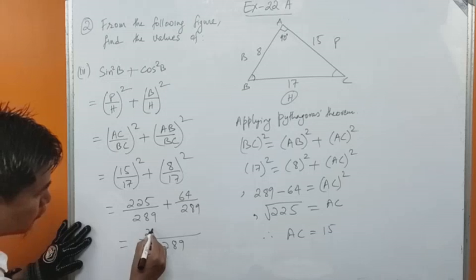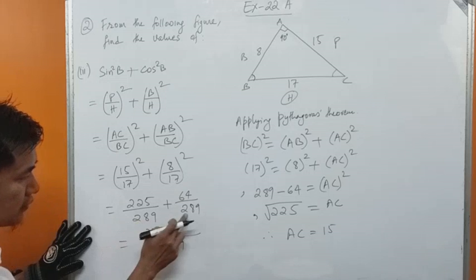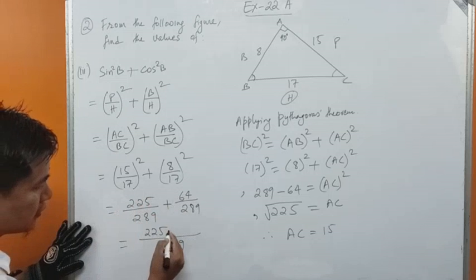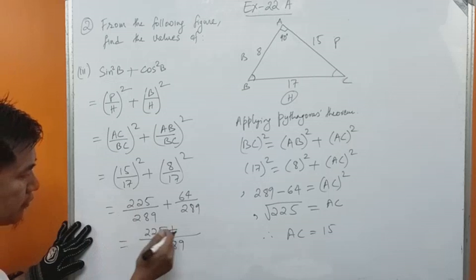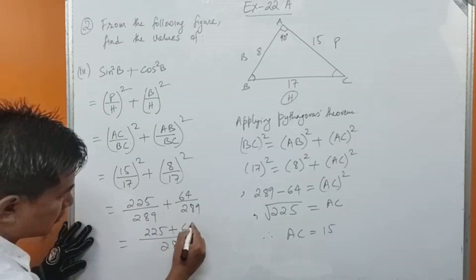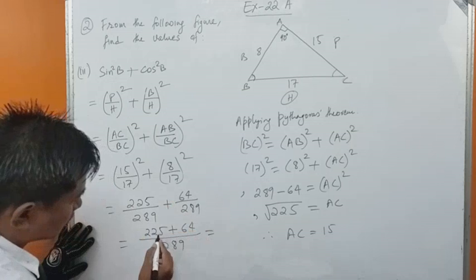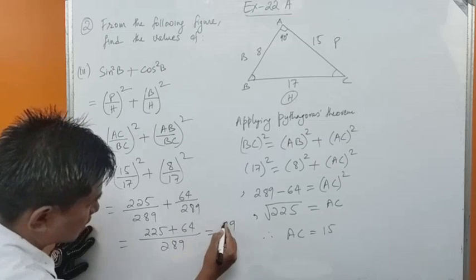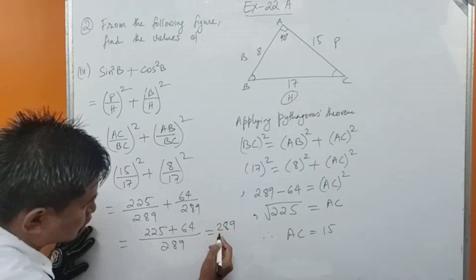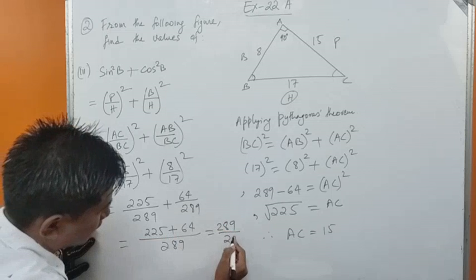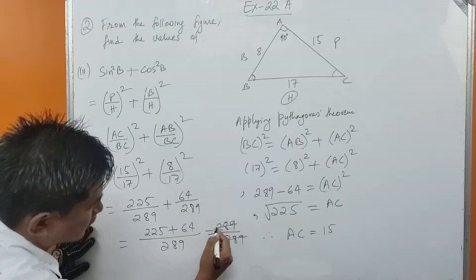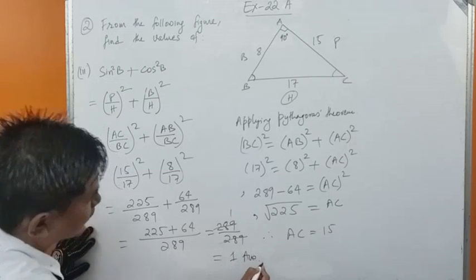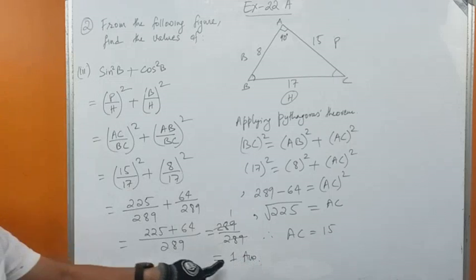If the denominators are equal, then we just write the numerators. 225 plus 64: 5 plus 4 is 9, 2 plus 6 is 8. This is 289 upon 289, isn't it? So we cancel this and the answer is 1. So the answer for question number 3 is 1.